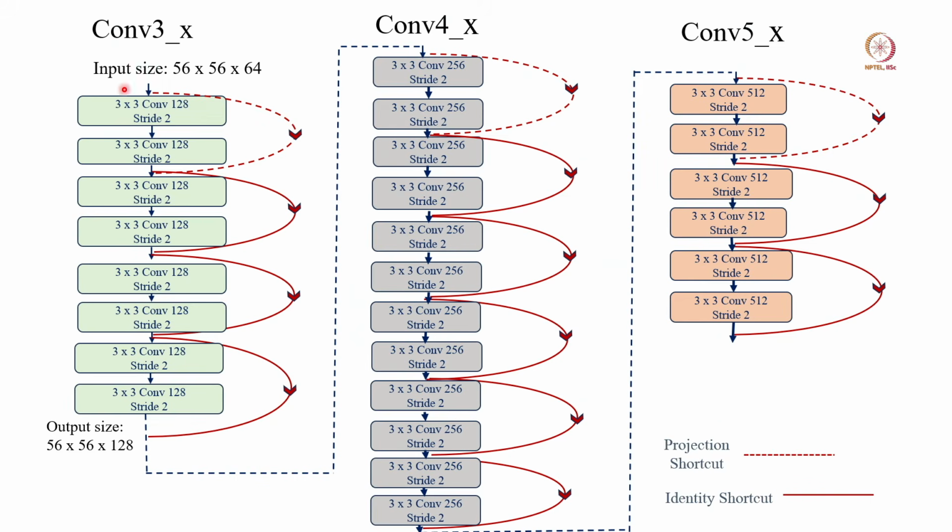So, this is how the conv 3x, 4x and 5x look like, and after this it goes to average pooling, and then from there flattened feature vectors, then the fully connected layers through the softmax activation function. Okay.